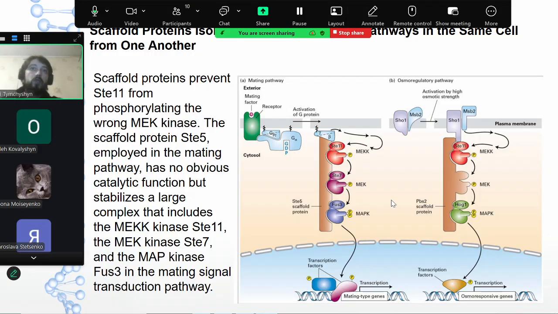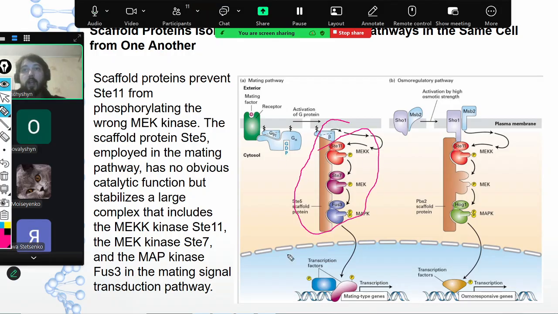The scaffold protein STE5 employed in the mating pathway has no obvious catalytic function but stabilizes that large complex and the MAP kinase and everything that is downstream. So here you see these two examples.